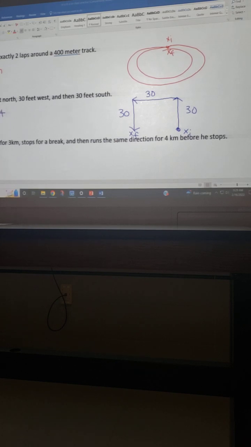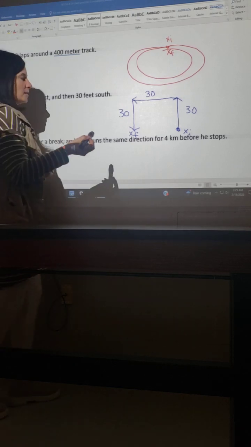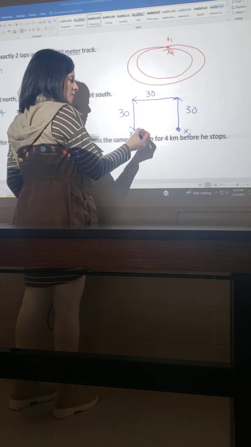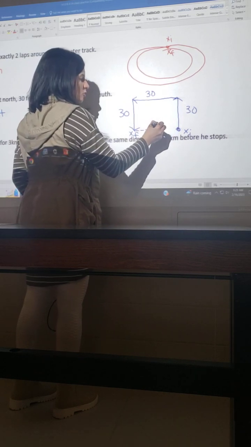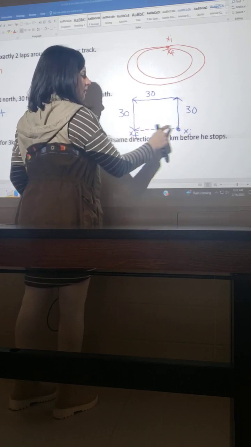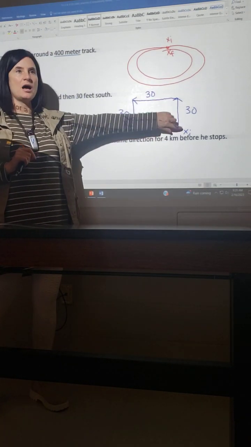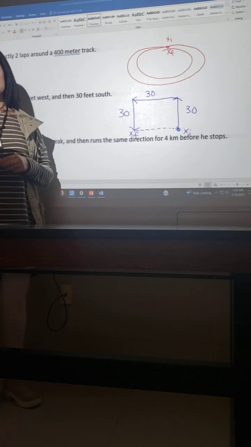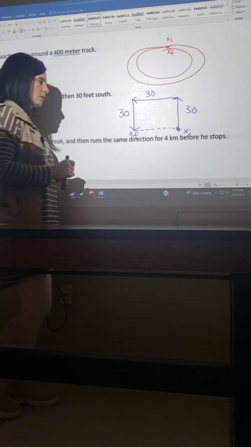Perfect. 90 feet. Now, here's where that little dashed line comes in, because displacement is where you started to where you finished. So I'm going to only look at that dashed line. I don't care about the pathway. I just want to know how far did this person go start to finish? 30 feet.